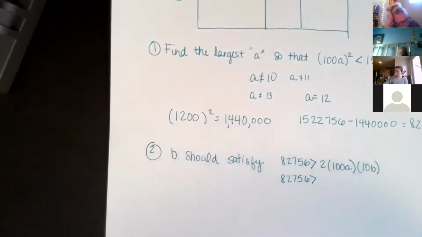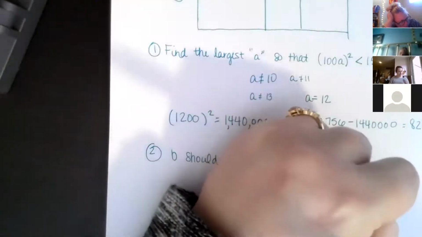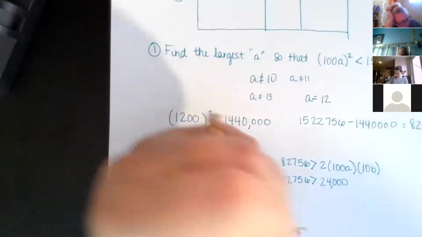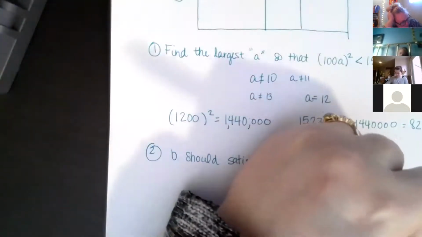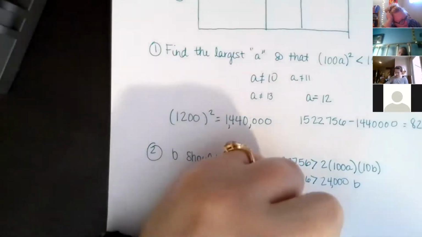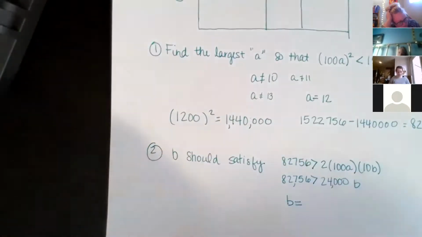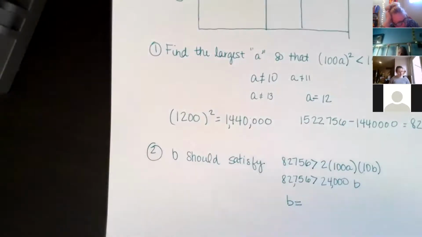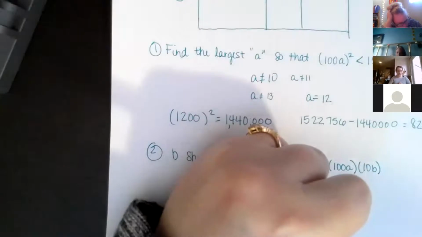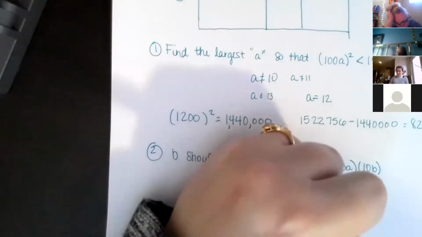So if we plug in our A, that's a 12 times 2, 24,000. 82,756 divided by 24,000 is 3.44.